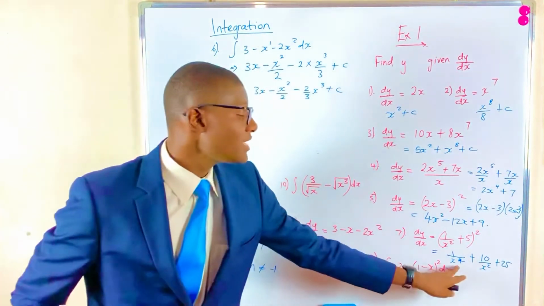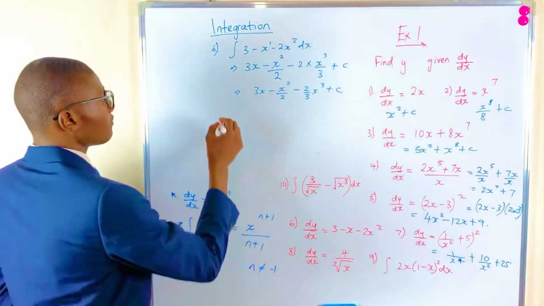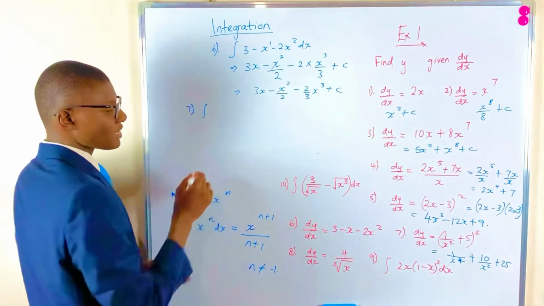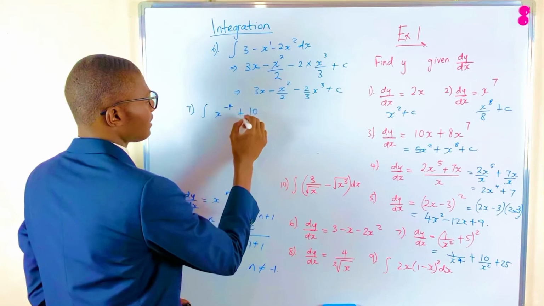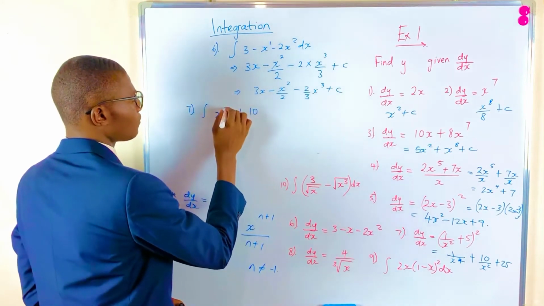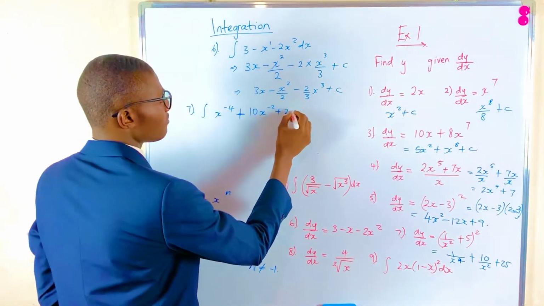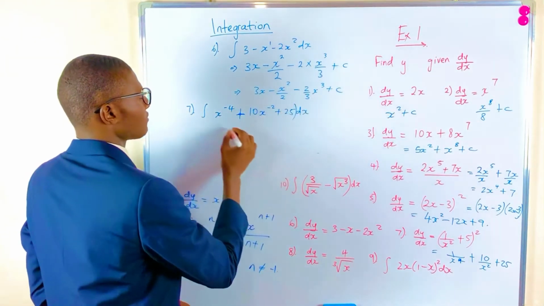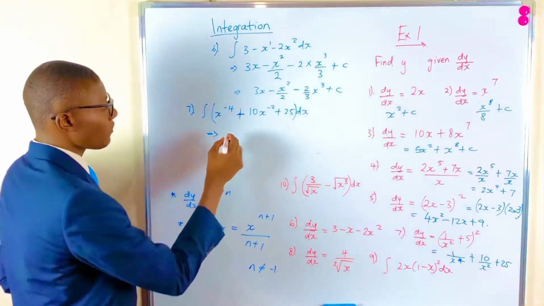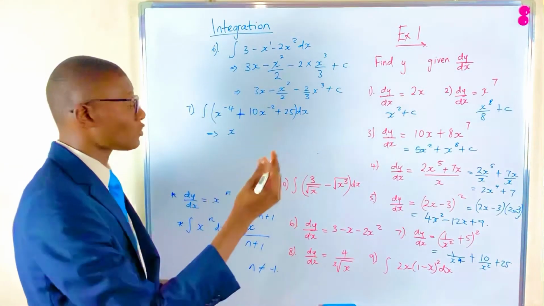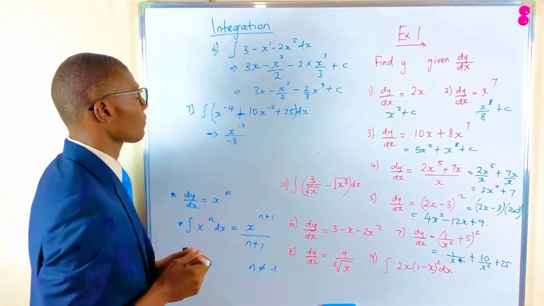Such that if we raise these, if we put these into the numerator, for number 7, we want to get the integral of x to the power of minus 4 plus 10x to the power of minus 2 plus 25 with respect to x, right? Then the integral of x to the power of minus 4, we're saying this is x to the power of minus 4 plus 1, we get a minus 3, over minus 4 plus 1, that's a minus 3, right?